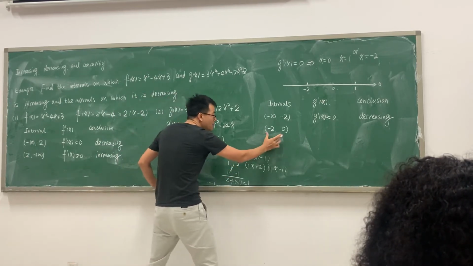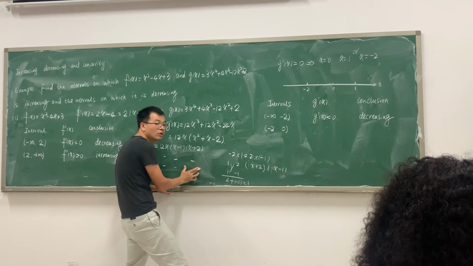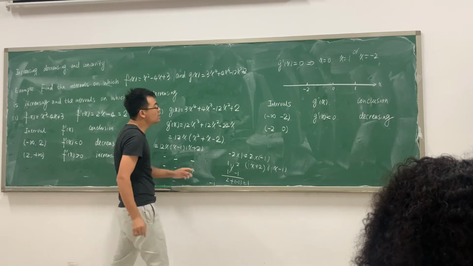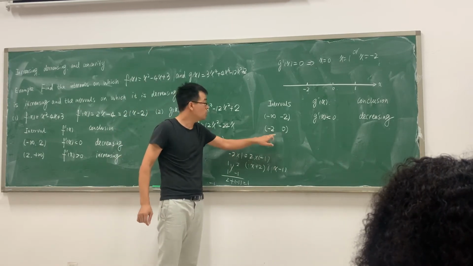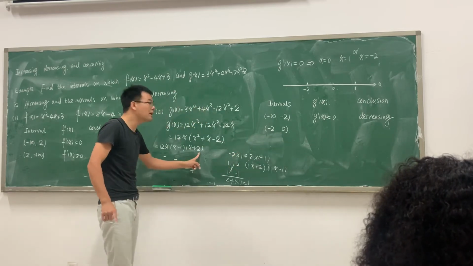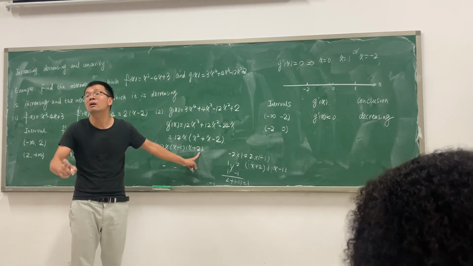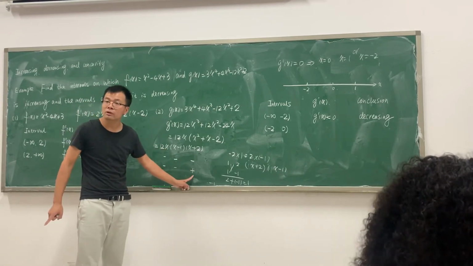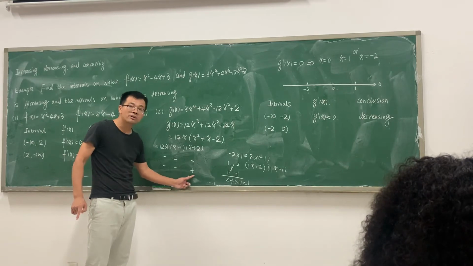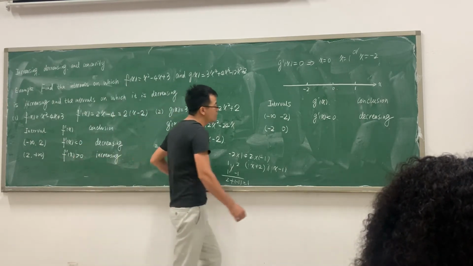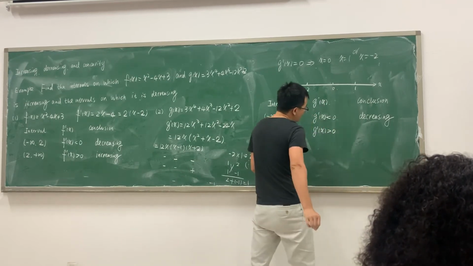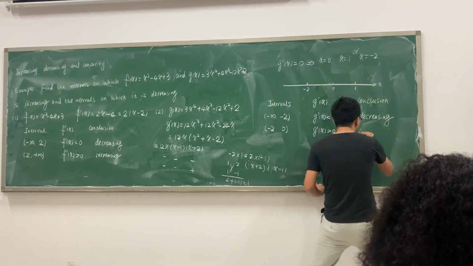And x + 2 is positive. For example, take the number -1: -1 plus 2 is 1, positive. So a negative times a negative times a positive is positive, so g prime is greater than 0, so here it is increasing.